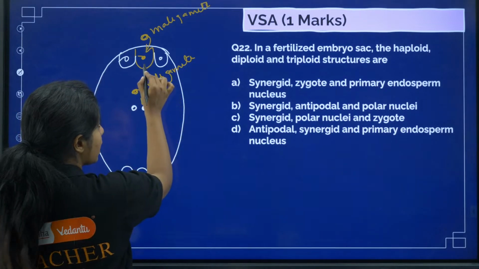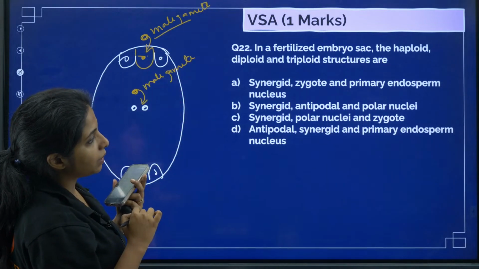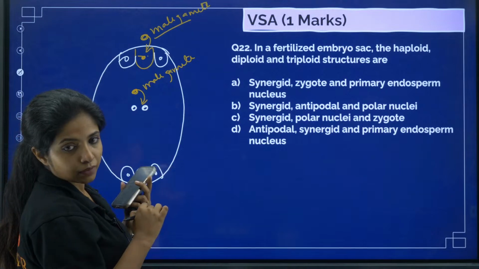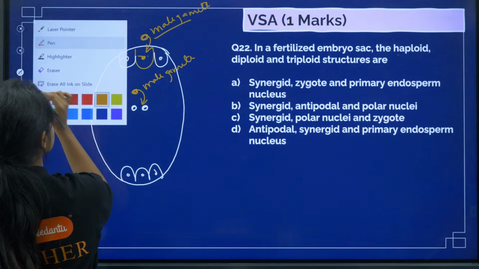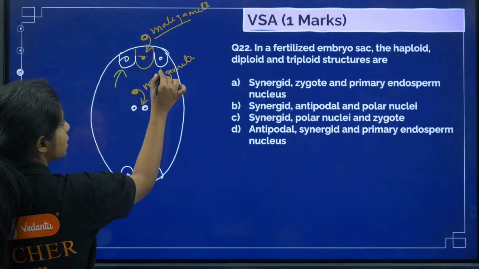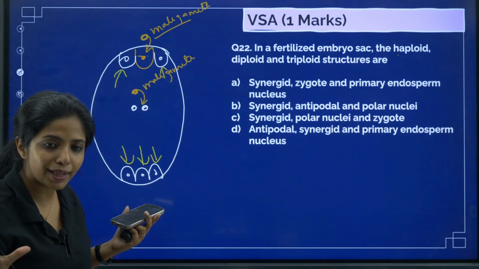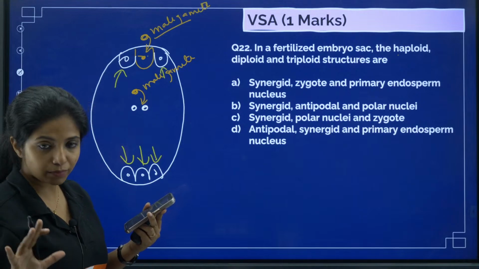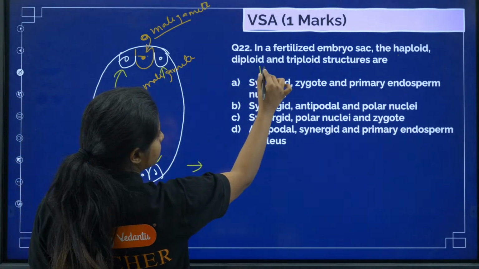Over here it was haploid, but since the male gamete came and fused with it, it became diploid. So the haploid ones are those which are still haploid even after fertilization. Synergids are haploid, antipodal cells are haploid, since there is no fusion happening from them. So synergid is haploid.